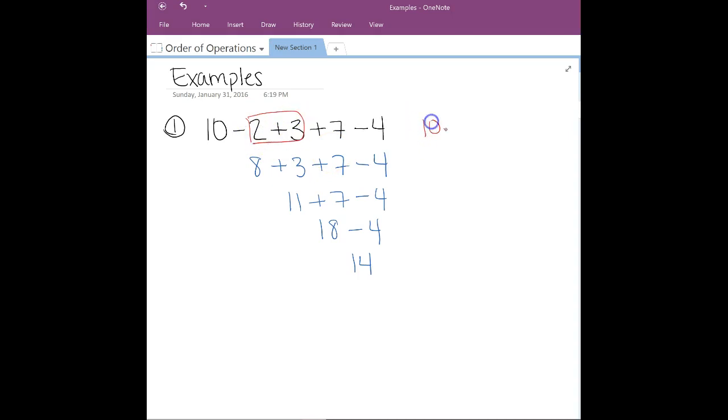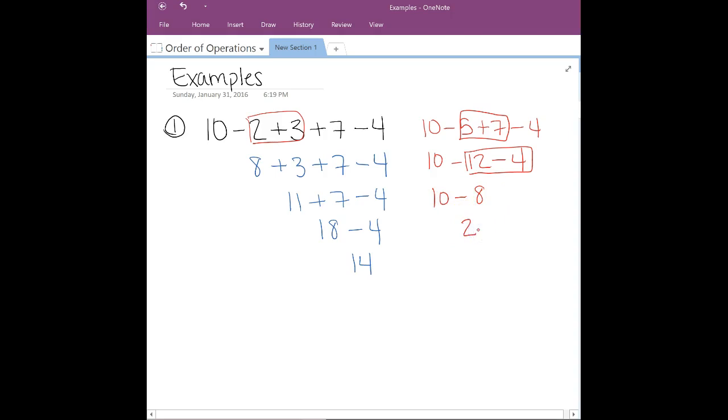So I have 10 minus 5 plus 7 minus 4. I'm going to do 5 plus 7 next. 10 minus 12 minus 4. And then I'll say 12 minus 4 is 8, and 10 minus 8. And then finally 10 minus 8 is 2.